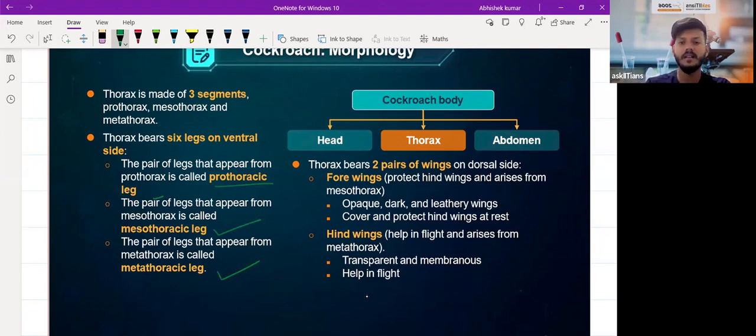There are two pairs of wings on the dorsal side. The forewing, which protects the hind wing, arises from the mesothorax, the middle one. The hind wings help in flight and arise from the metathorax; they are transparent and membranous in appearance.